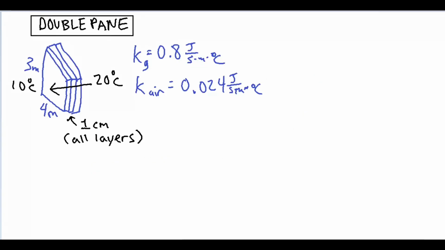Now for our second problem, it's going to be a little bit more complicated because we've got 3 layers here. We have 2 K values. The 2 outer layers, excuse me, are the glass, and then the middle layer is air. So we are still going to take our K A delta T over L formula, but we're going to do a little bit of rearranging to account for all the 3 layers.